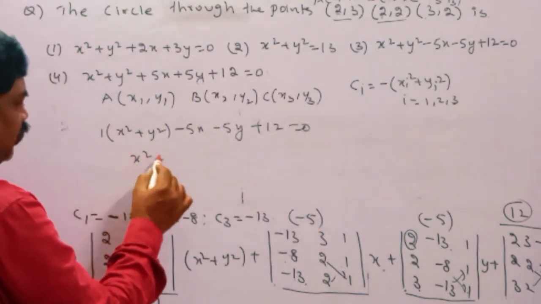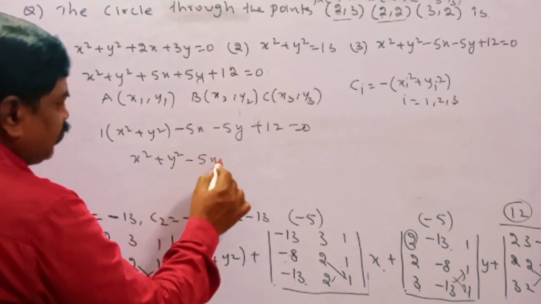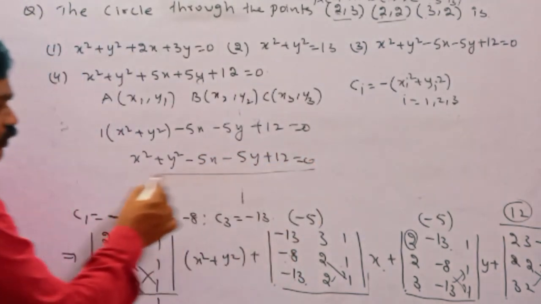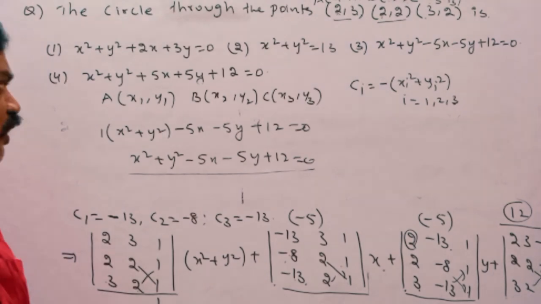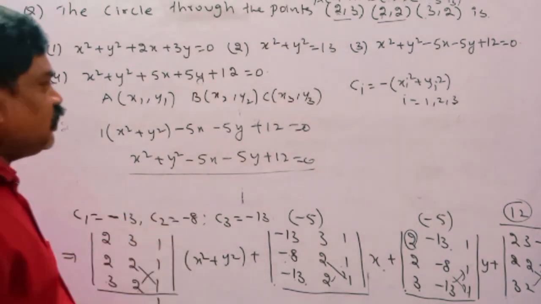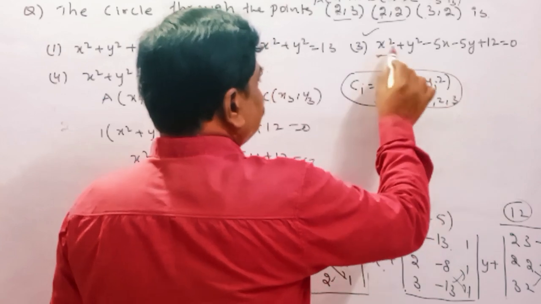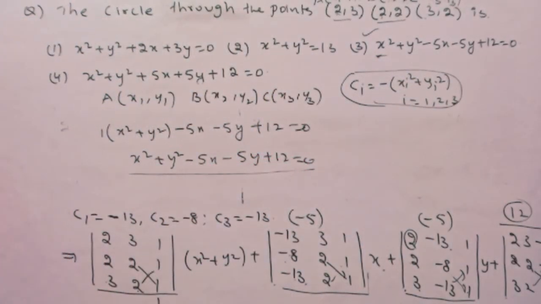Then x square plus y square minus 5x minus 5y plus 12 equal to 0 is the circle equation. Then what is the option? Option 3 is the correct answer. Okay, all of you. That's all. Thank you.